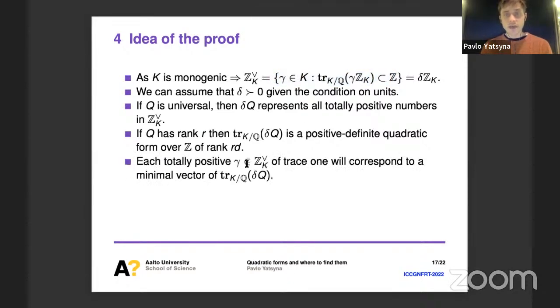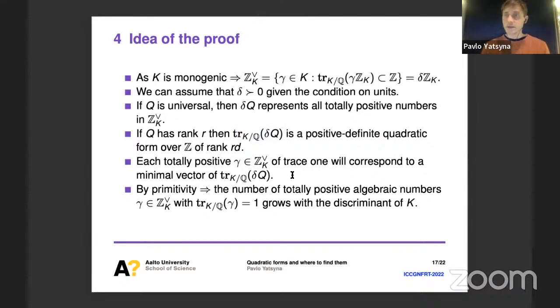Essentially, each totally positive number gamma in the codifferent of trace 1 will correspond to a minimal vector of our quadratic form, trace of delta Q. So it's going to be a minimal vector of this integer quadratic form. Now, using primitivity, we can show that the number of these elements of trace 1 grows with the discriminant of the number field.